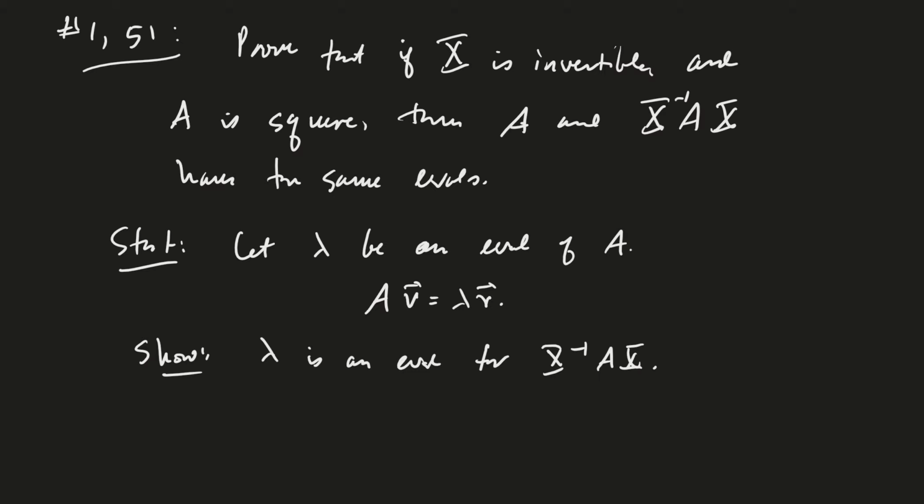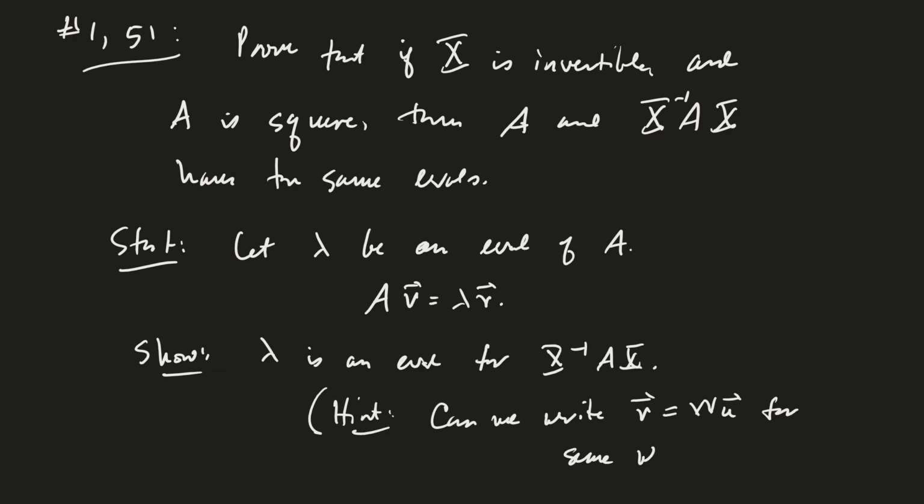I'll let you think about how that might be done. There might be a little bit of a trick here. So maybe a little hint. Can we write V as W times U for some W?